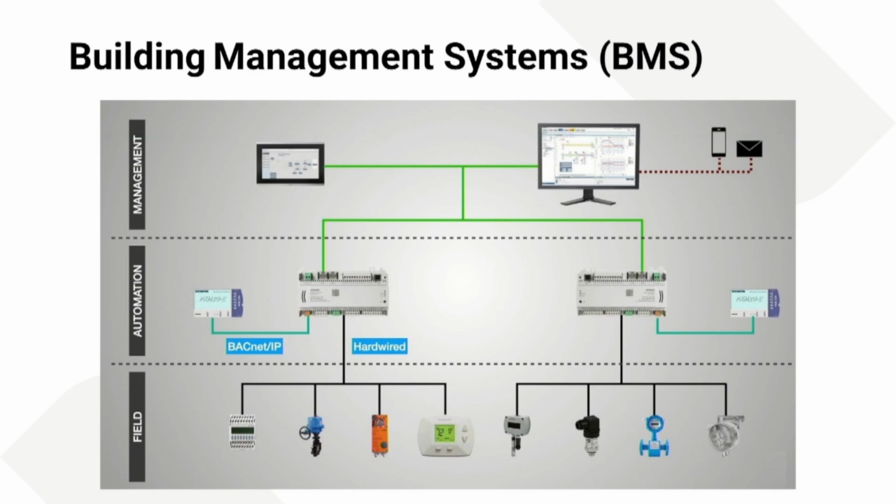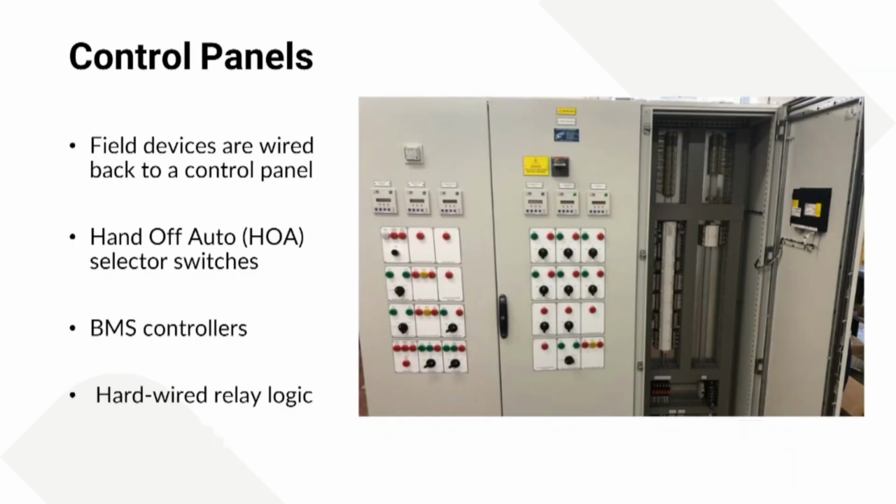This is generally a BMS controller that holds the control strategy. And then there's the management system, which is generally a head end or a supervisor. This gives you insight into the control system and is generally a graphical display of the mechanical layout with sensors and plant statuses throughout.